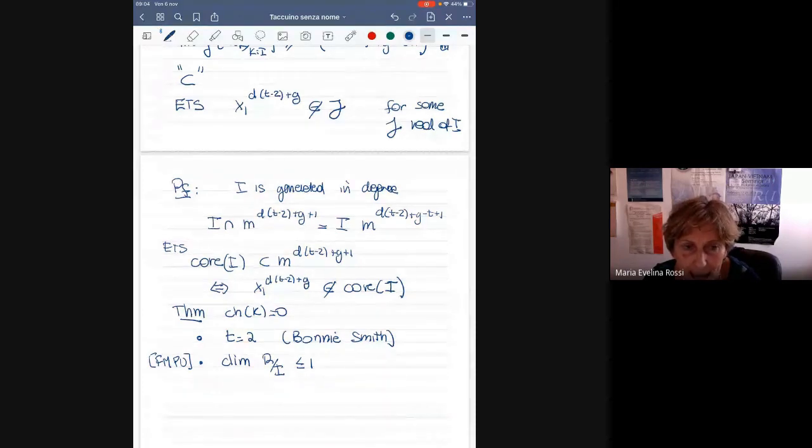Can you say something about the core? Yes. You can say a little more, at least in these cases.